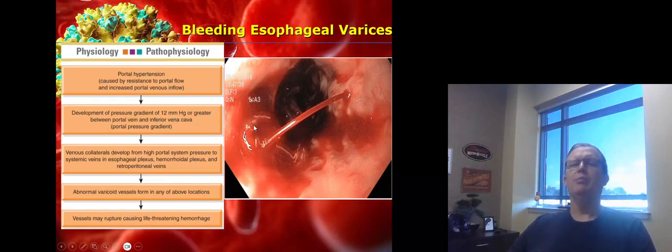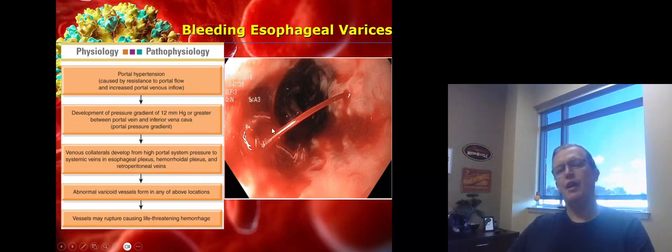So what you have here is a bleeding esophageal varix, and I want to point out some things on this slide. This area over here is actually where the blood is landing. This is the bleeding varix up here in the top right corner, and you can see the blood is shooting across there. It has enough pressure and force that it's not just dripping down the side of the esophagus, it's shooting across with enough force that you can see it's creating this wave type pattern.